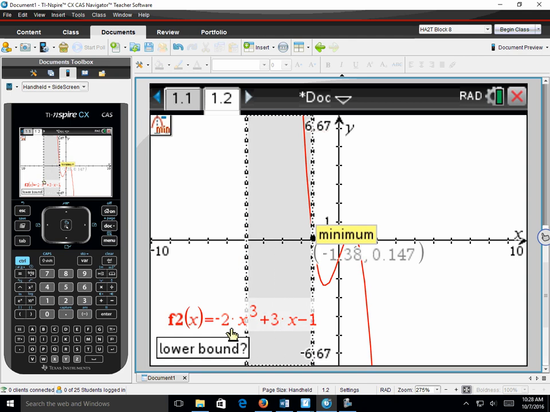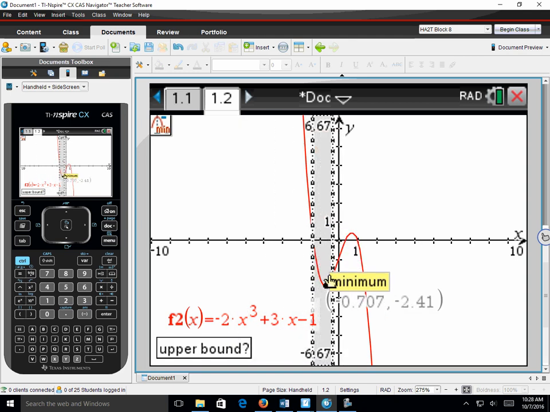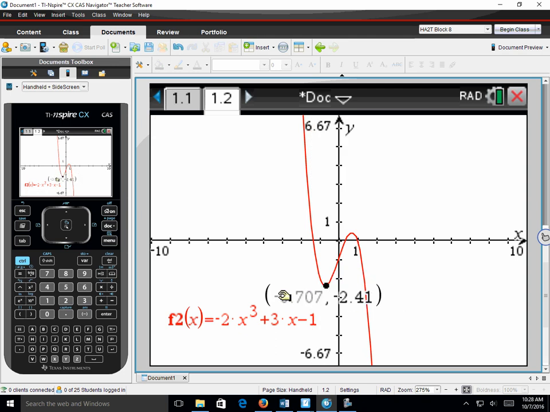Now it's asking where your upper bound is. Well, I have to go to the right of that minimum. Do you see that grayed out area? That's the search zone. That's where you're telling the calculator to look. So if I click here, it's telling me this ordered pair corresponds to that minimum point. So really the relative minimum, you could list negative 0.707 comma negative 2.41.